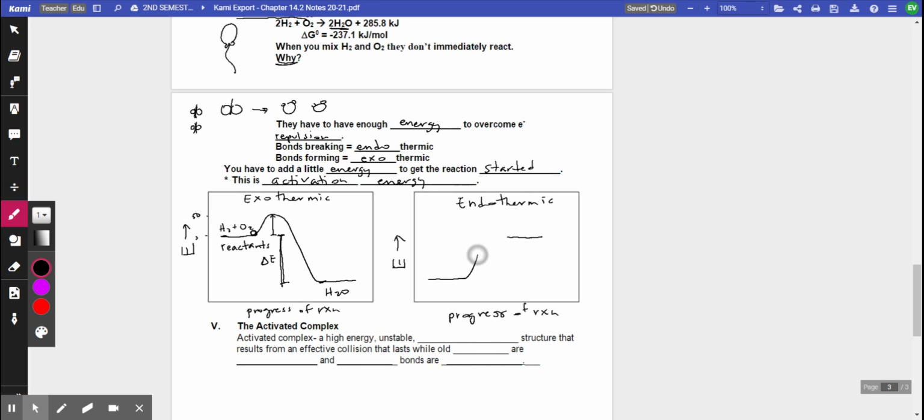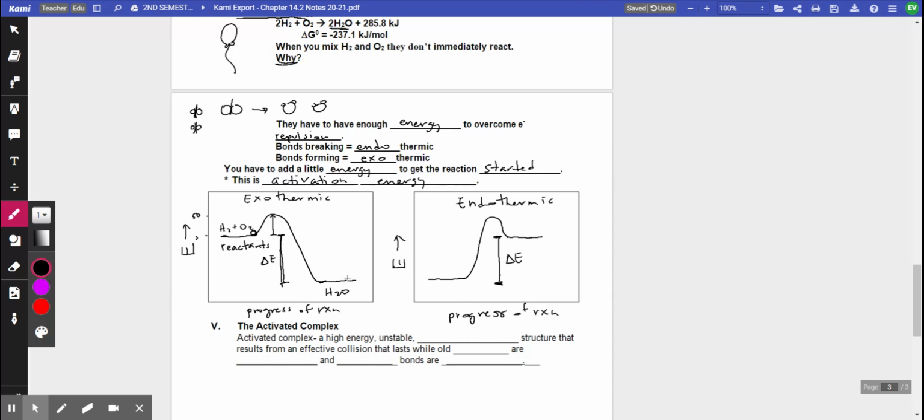And we still have activation energy, so we're always going to have that little bump there. And this time to change delta E, it's going uphill. So you're going to have to put in whatever this value is from here to here. You put in that much energy to force the reaction to occur.